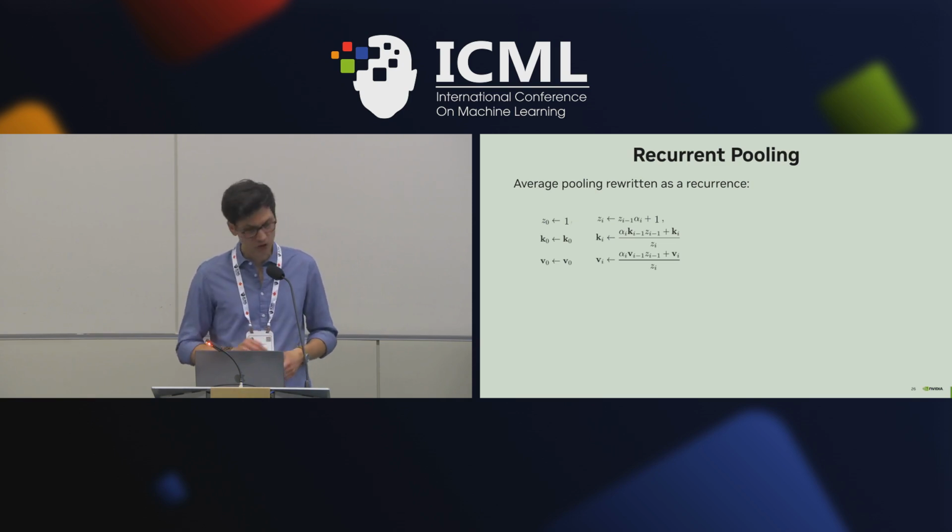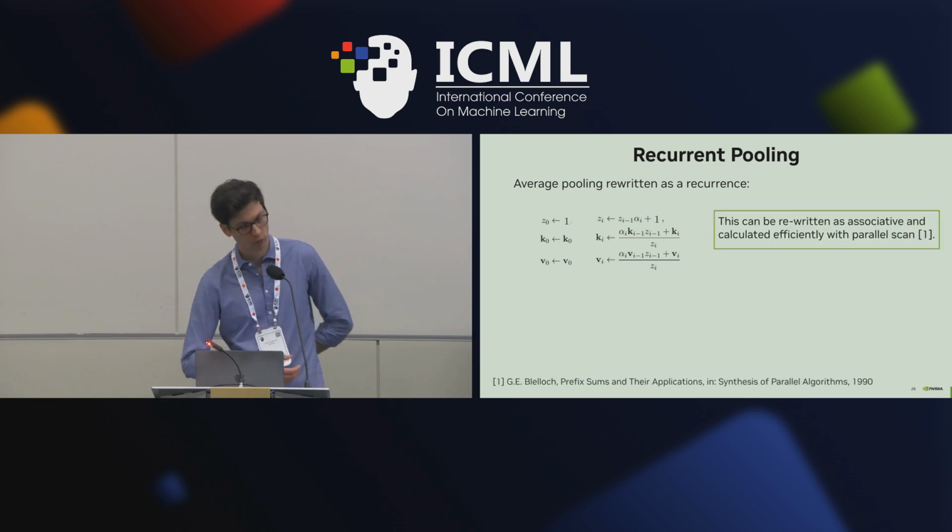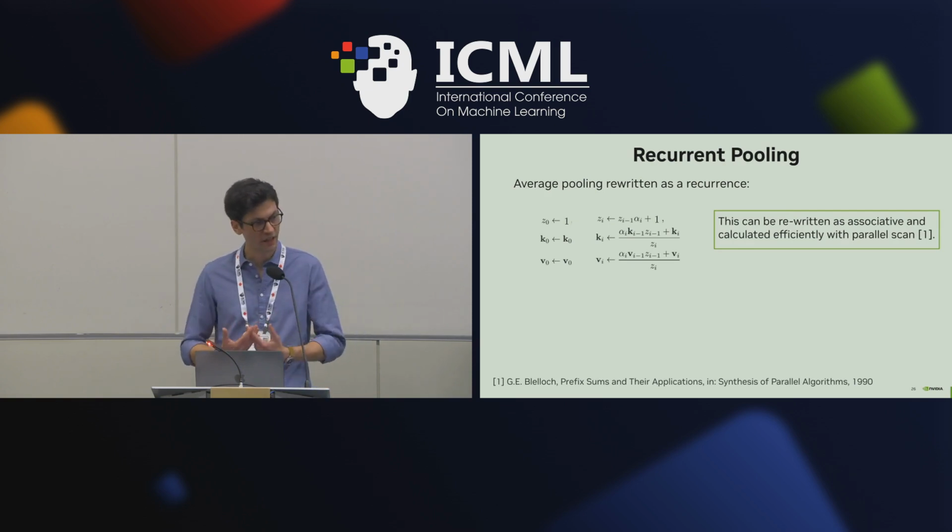So this formulation has two nice properties. One is that it can be rewritten in a way that allows you to use parallel scan. And this is this nice trick that SSMs use in order to calculate something that looks expensive because it should be calculated left to right, but you can use an efficient algorithm that does reduction and calculates it in log time, or log steps.